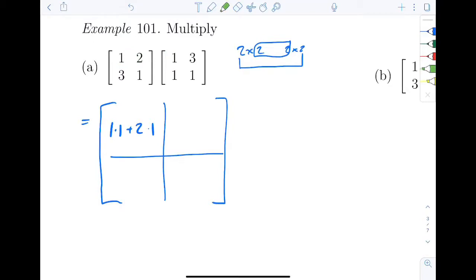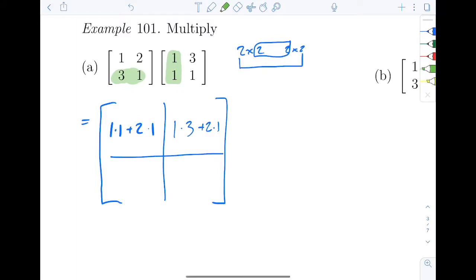What about the first row, second column? That's going to be the first row dot second column. And so I get 1 times 3 plus 2 times 1. There we go. Now what about the second row, first column?